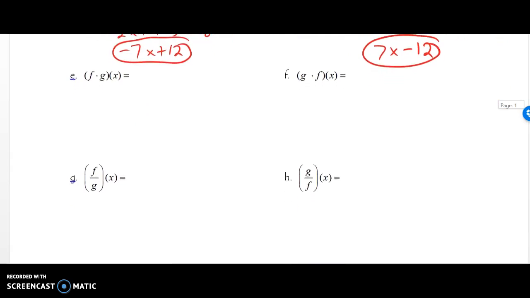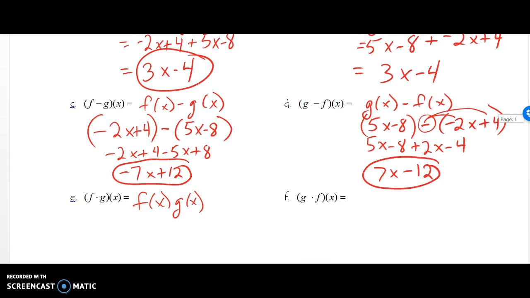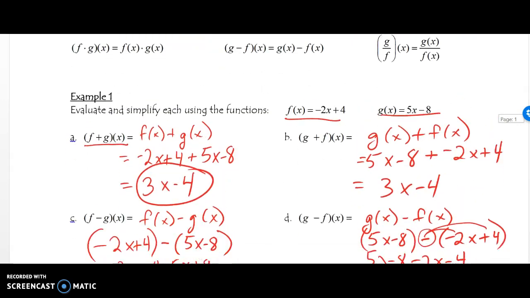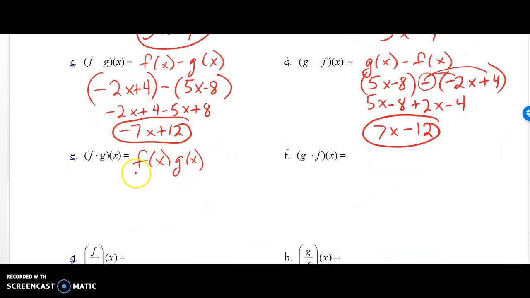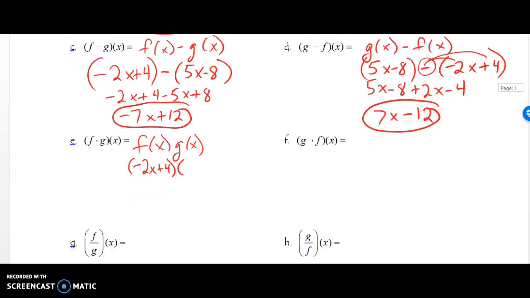Okay, the next set of examples deal with multiplication and division. So in E, this just means f of x times g of x. And remember, f of x was defined as negative 2x plus 4, and g of x was defined as 5x minus 8.